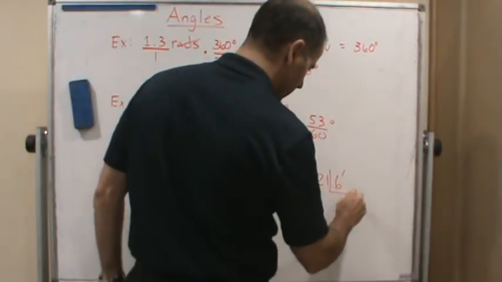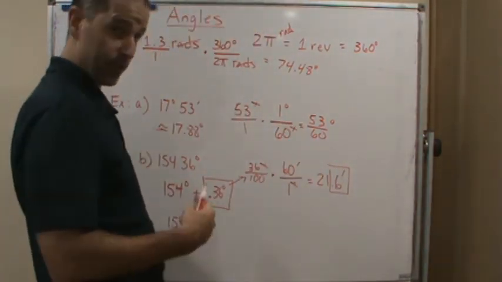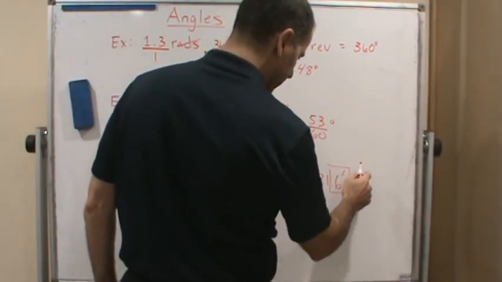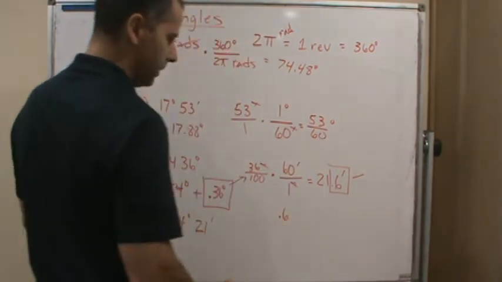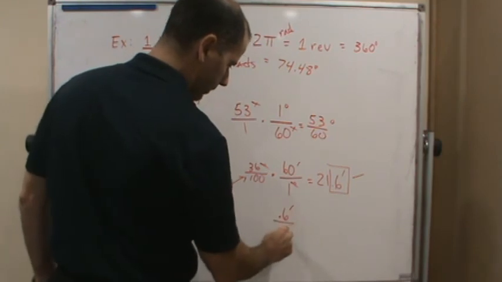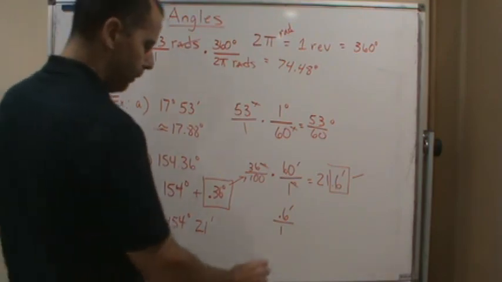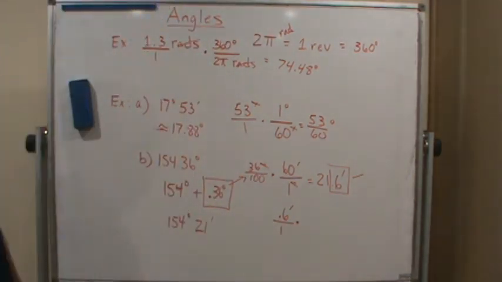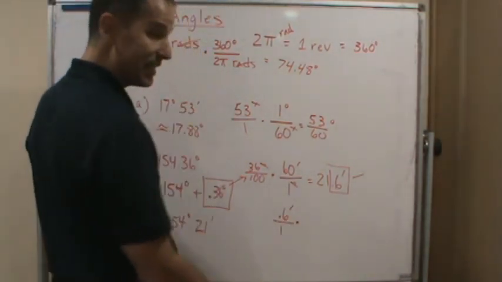It's 0.6 minutes over 1, and I'm going to convert this with another unit ratio, because I want to relate minutes to seconds.